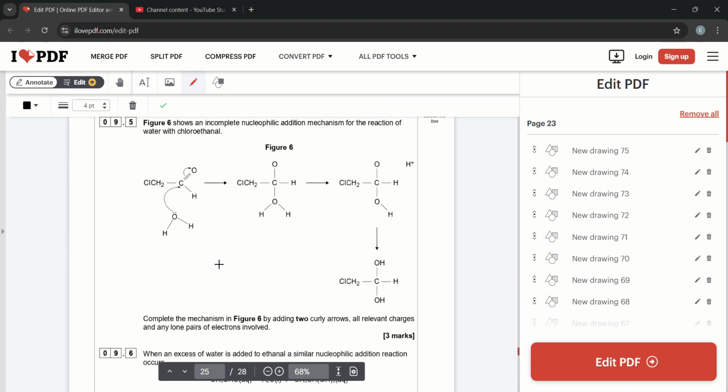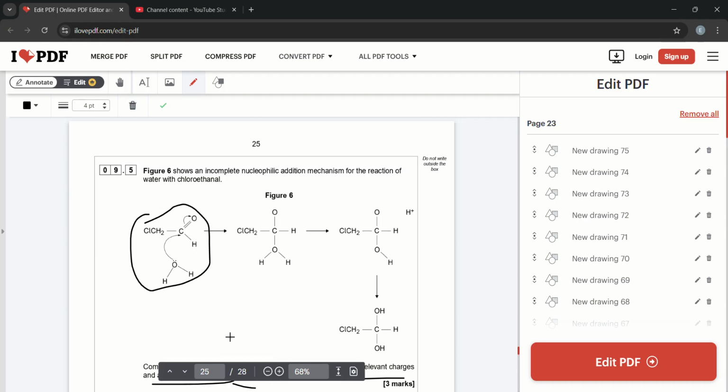In question 9.5, Figure 6 shows an incomplete nucleophilic addition mechanism for the reaction of water with chloroethanal. Complete the mechanism by adding 2 curly arrows, relevant charges and any lone pairs of electrons involved. So what's going to be next? Well, we know now this oxygen has a negative charge. This oxygen is now going to become positive because it's transferred its lone pair of electrons.